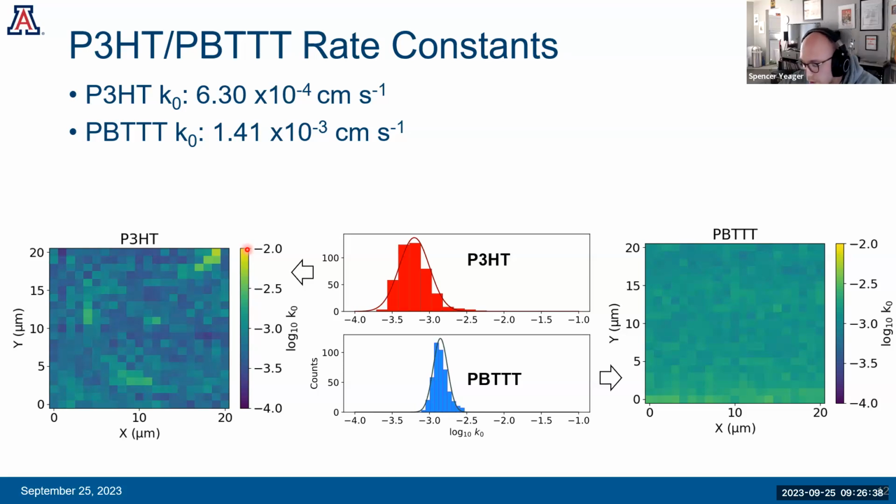Yeah, so I wouldn't say that I'm attributing this to being exclusively crystalline or exclusively amorphous. What I would say is that in the areas that have a higher rate constant, I would be incorporating more of the crystalline domains, and that might be a reason why the rate constant is higher in those regions, because it's incorporating more than other sampling areas.